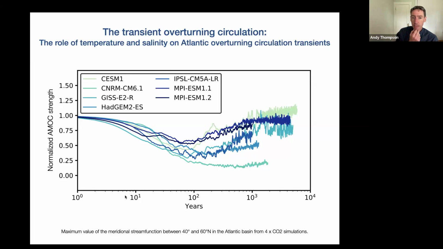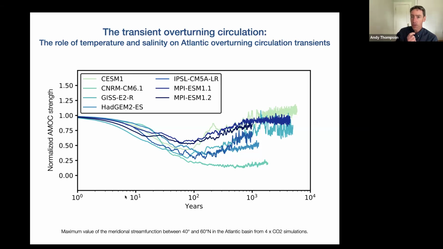And what you see here is sort of interesting. They all represent a weakening of the AMOC in response to this 4 times CO2 perturbation. The magnitude of that weakening varies pretty dramatically between these different simulations.